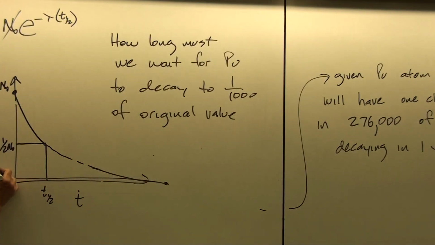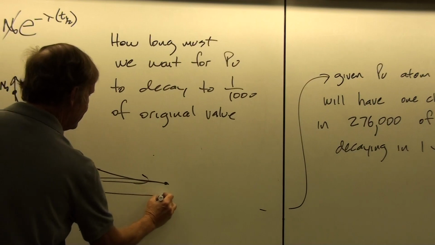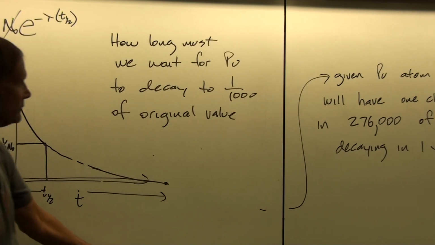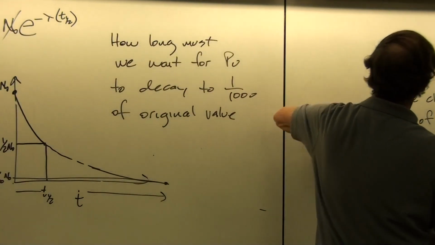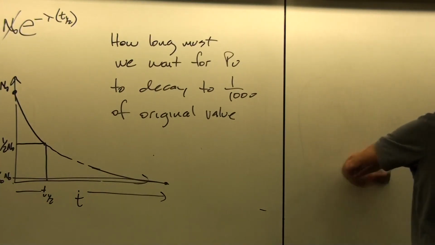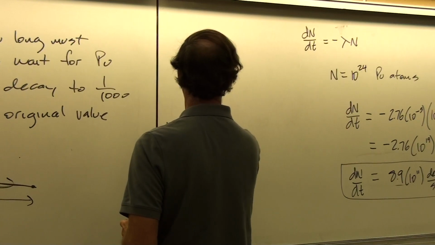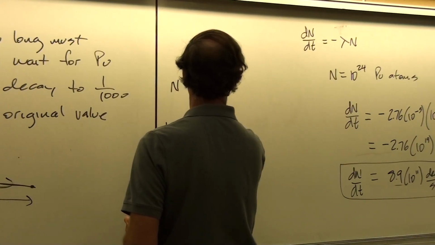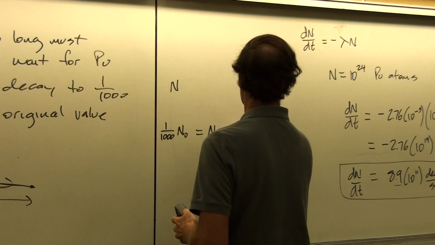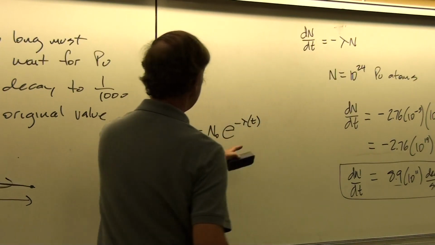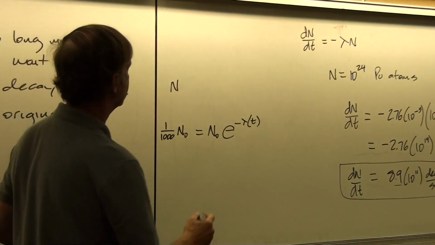So we're at 1/1000th of N naught. What's this time going to be when the value for N is 1/1000th of the original value? So we could put in here 1/1000 times N naught, that's N, equals N naught e to the minus lambda times t. And then t is what we're going to want to solve for here.